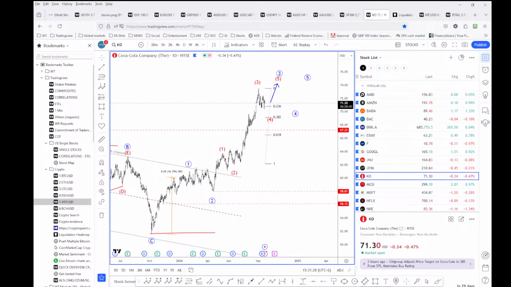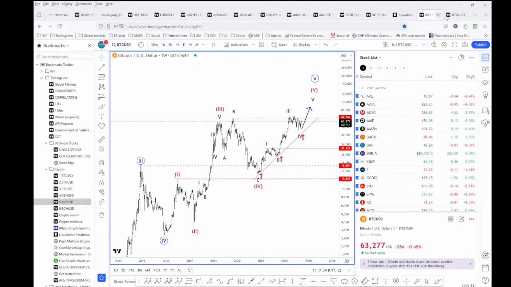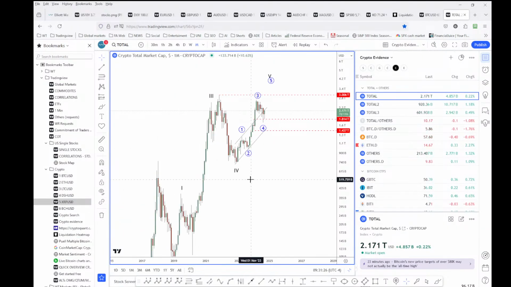Now looking at the crypto total market cap, maybe first I will just try to stay focused on the higher time frame charts, because I'm quite certain that on smaller time frame charts you are seeing a very tricky price action.